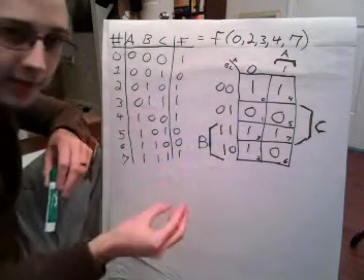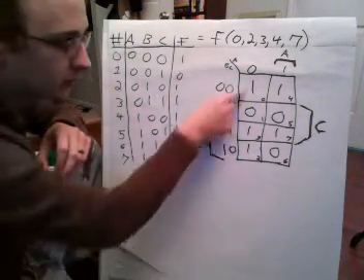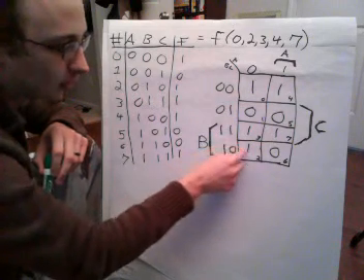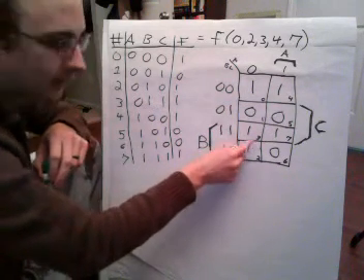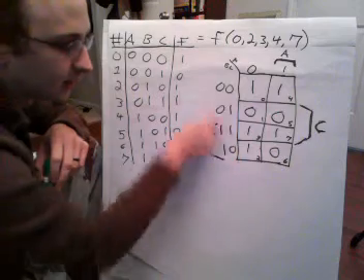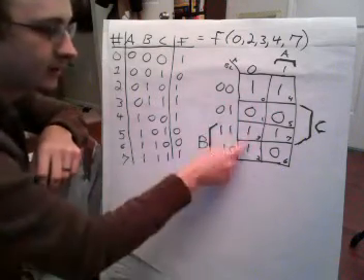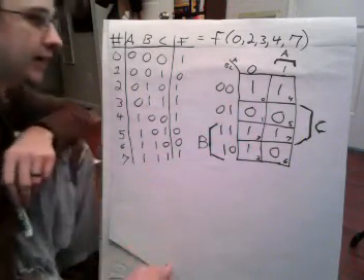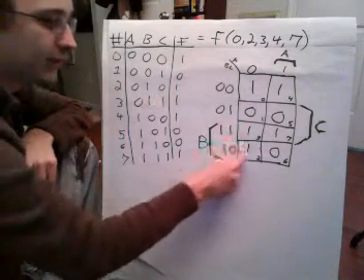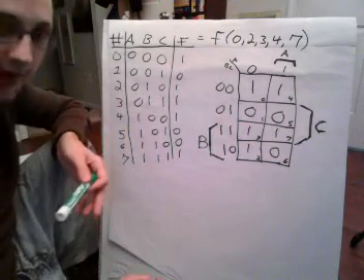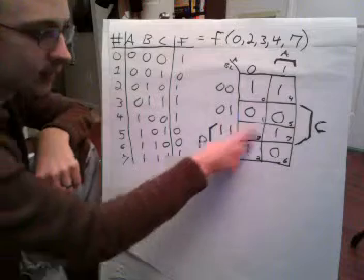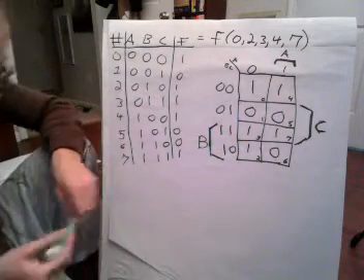And again, you can only group things in powers of 2. So we have 2 here that could be grouped, or 2 here that could be grouped, not these 3 wrapping around to the top here. Just a pair. So what you want to do is only overlap when you have to, basically, to make a larger group of ones.